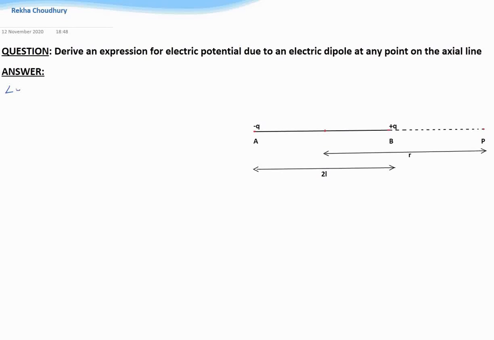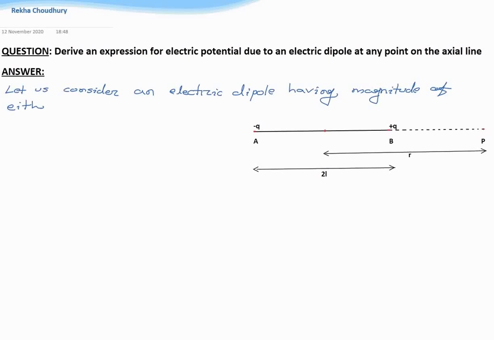So let us consider an electric dipole having magnitude of either charge Q and the separation between them 2L.